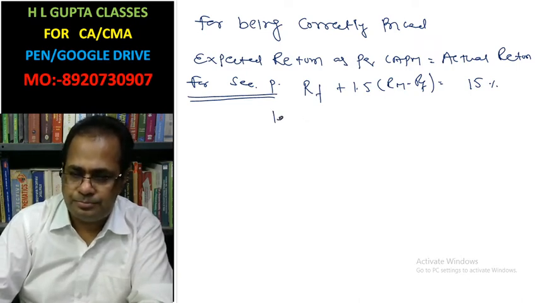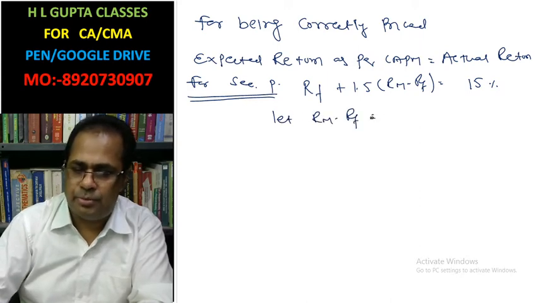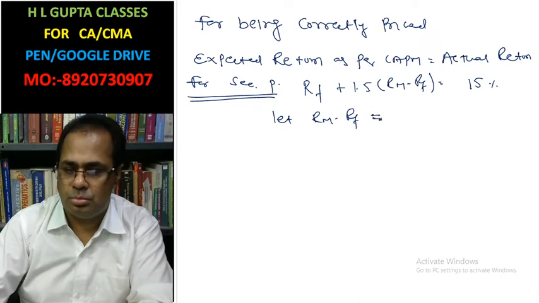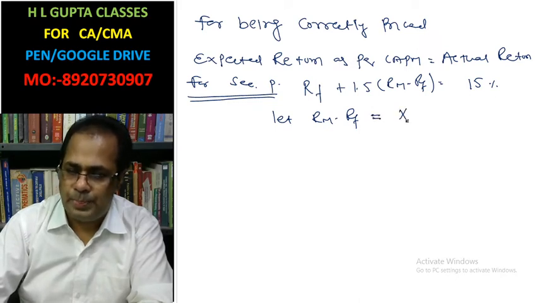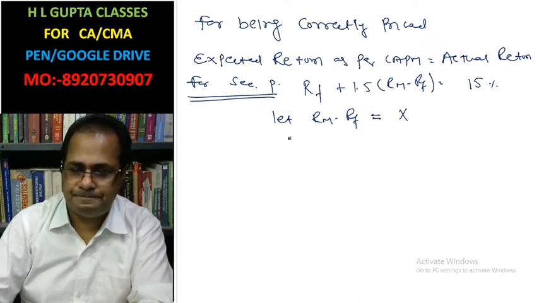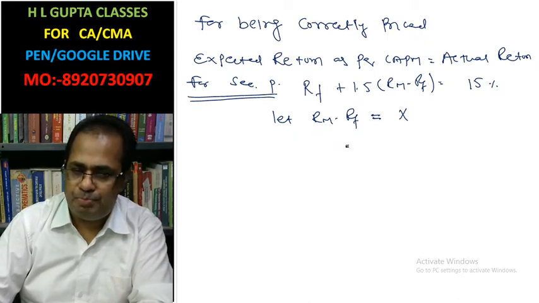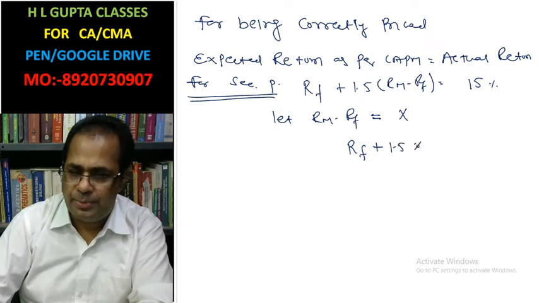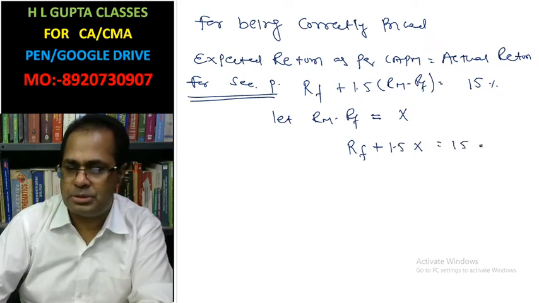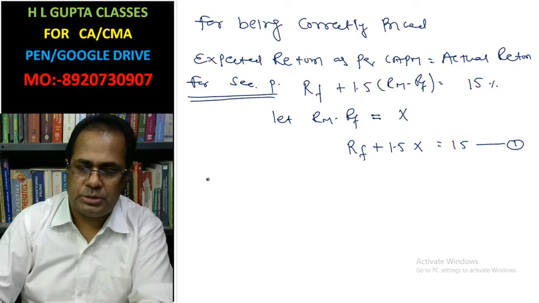Let RM minus RF equal X, then RF plus 1.5X equals 15%. This is equation first.